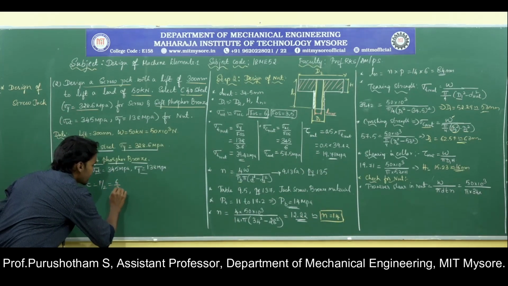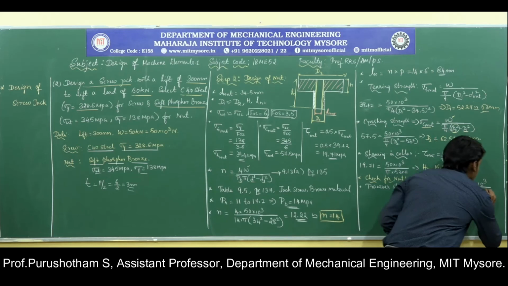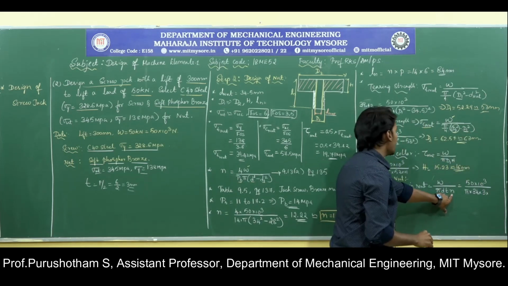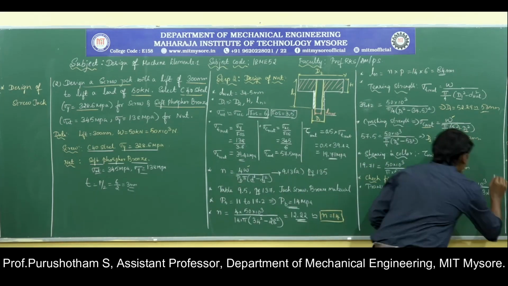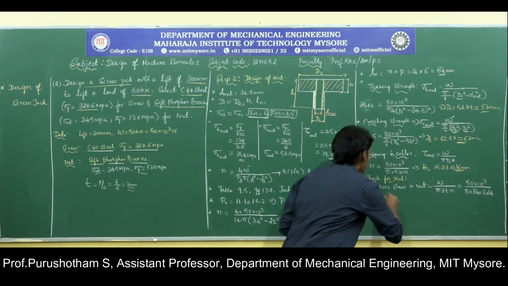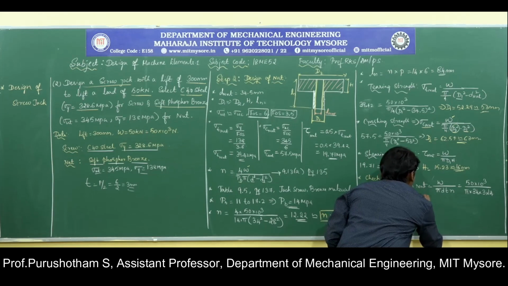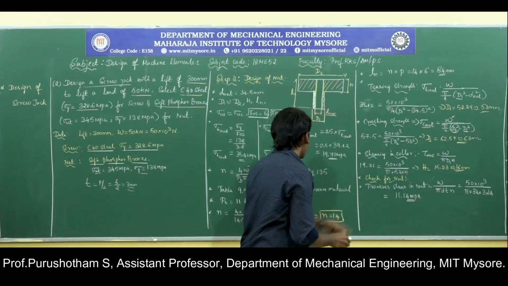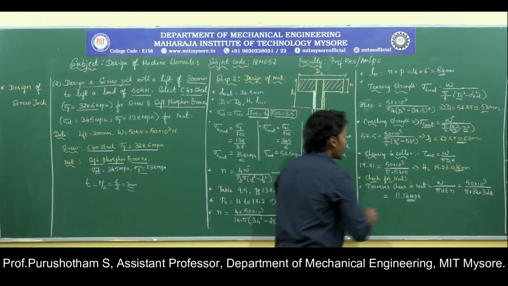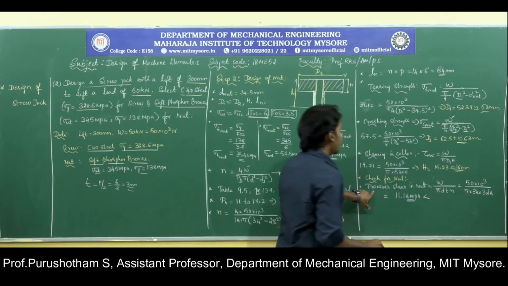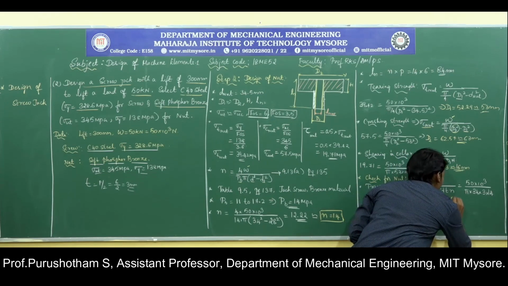The pitch value is 6 by 2, which is 3 millimeter. Then n is the number of threads in the nut, that is 14. If you simplify this, you will get 11.14 megapascal. The allowable shear stress in the nut material is 19.71, and the induced stress is less than the allowable stress of 19.71 megapascal.